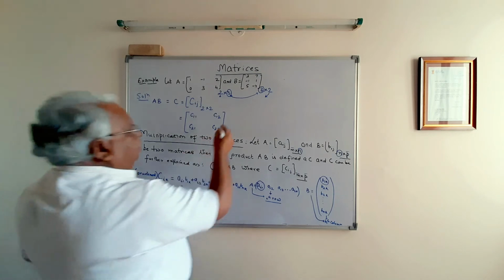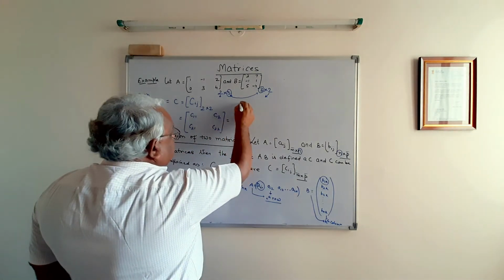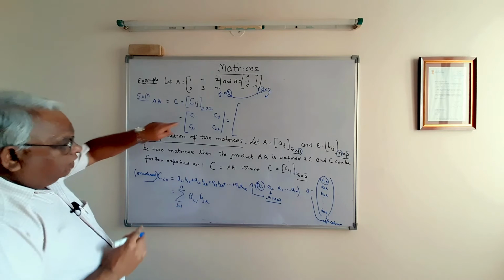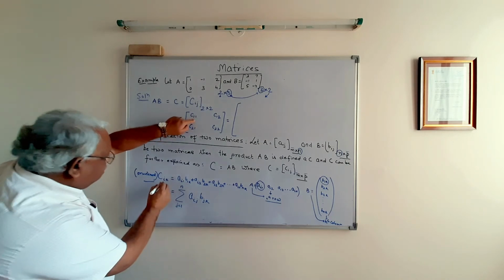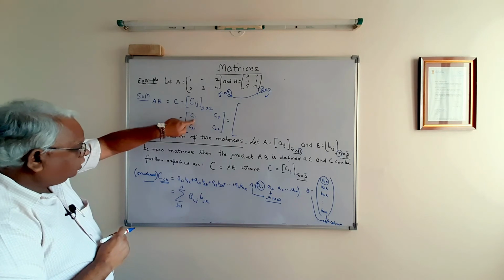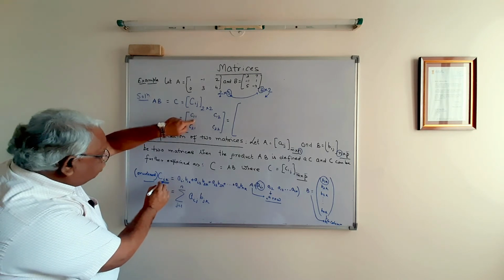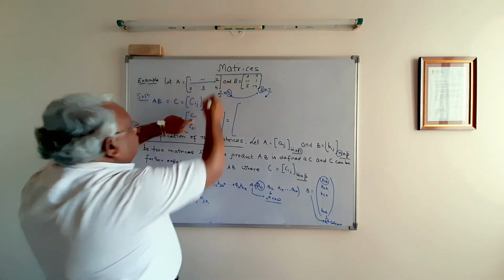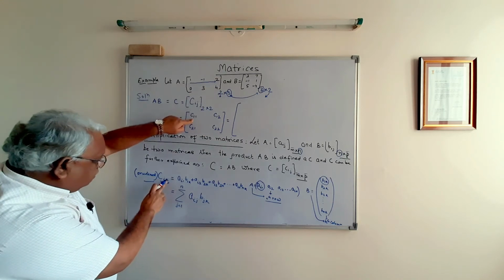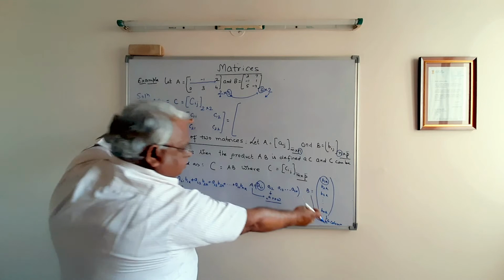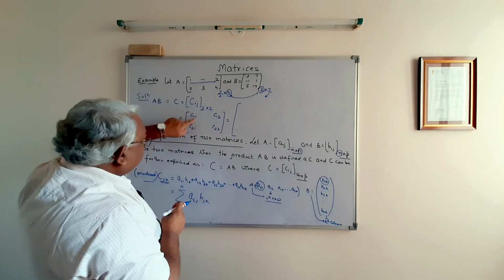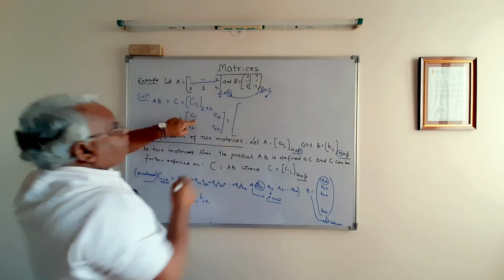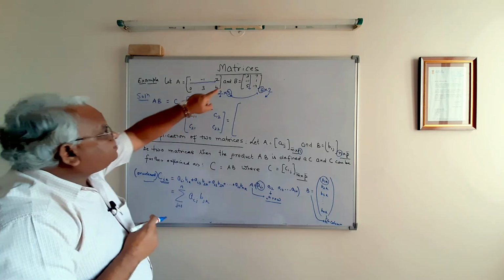Now you will look carefully to understand this part. I am looking for C11. So I'll be taking the ith row, meaning the first row of A, and the kth column of B, that is the first column of B, and they will be multiplied correspondingly.